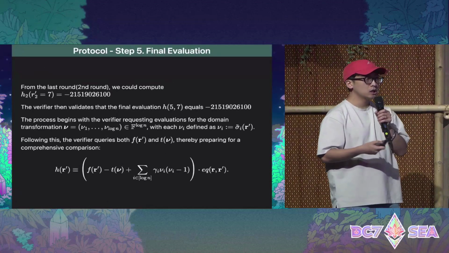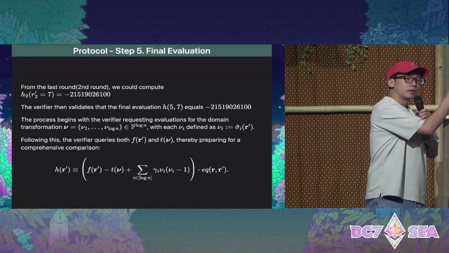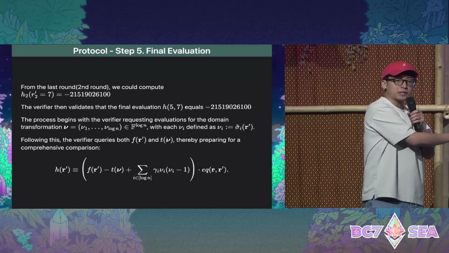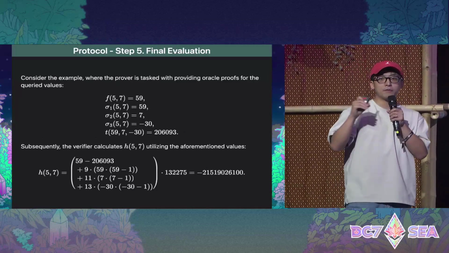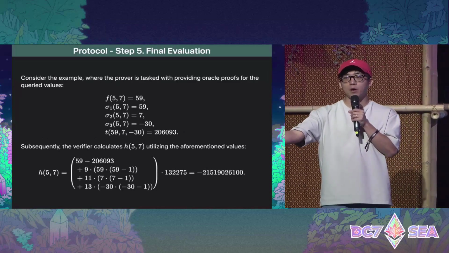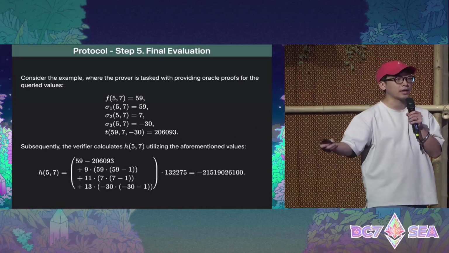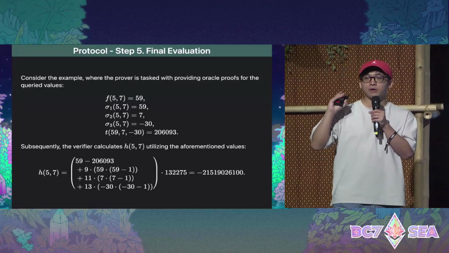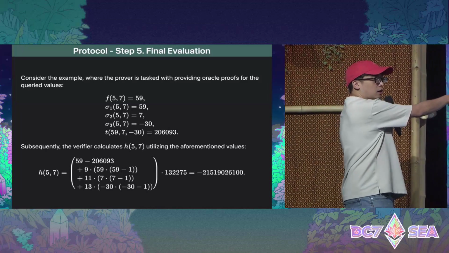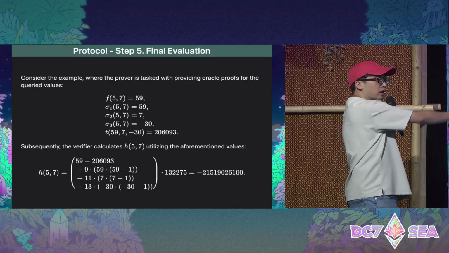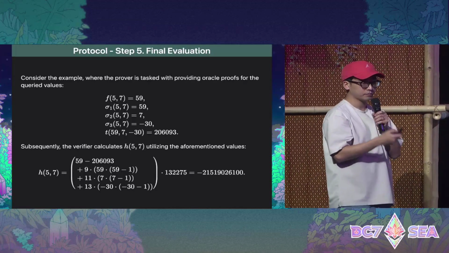As a result, we need to check that the resulting random evaluation from this sumcheck equals the value that we can query from the oracle, which was one of the public instance X. So we query the evaluations through the oracles, and we check this. The relation holds true by checking this condition and consistency.